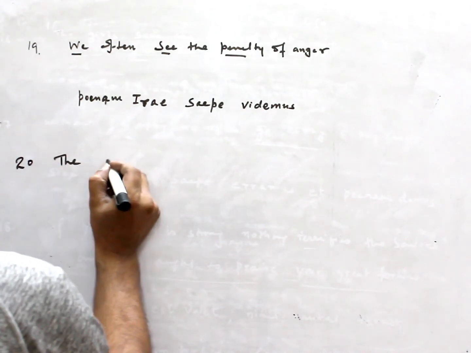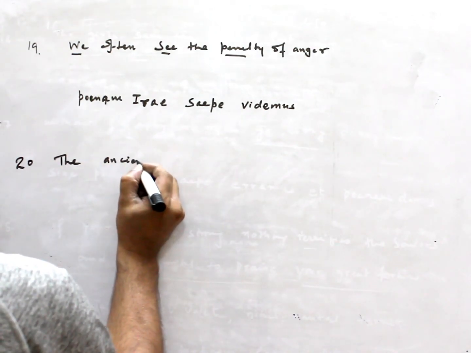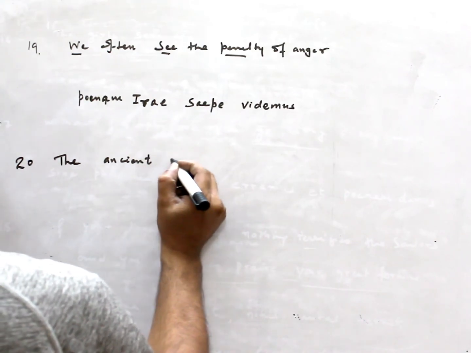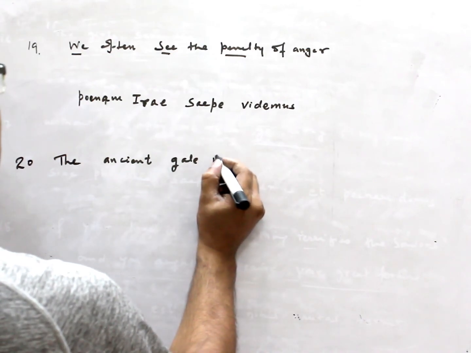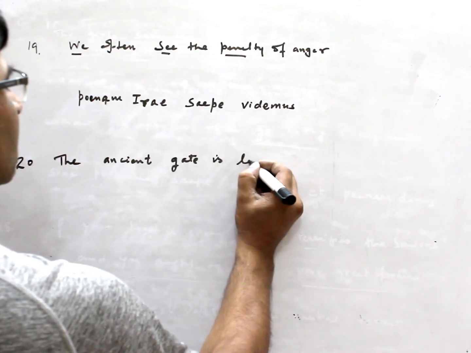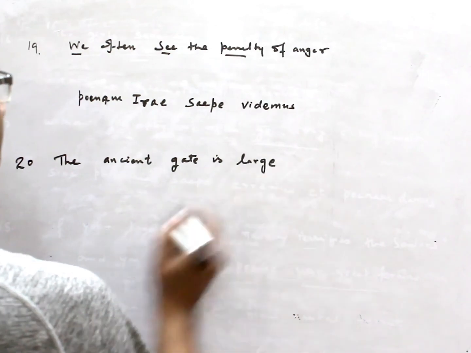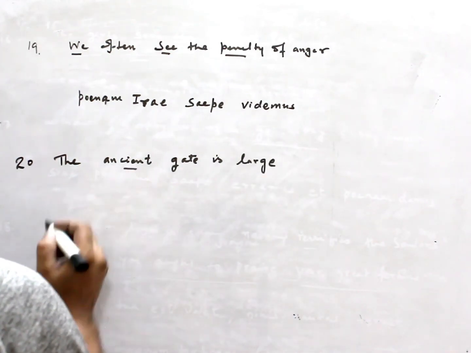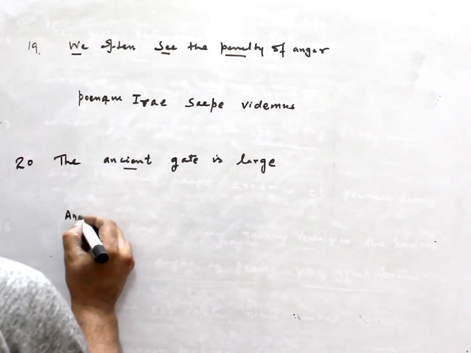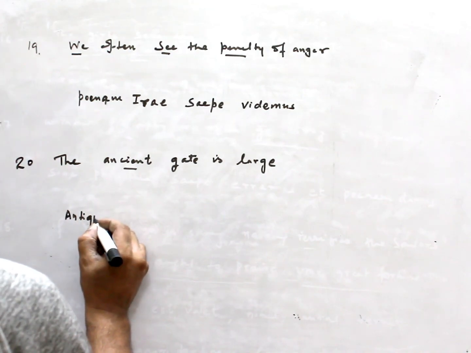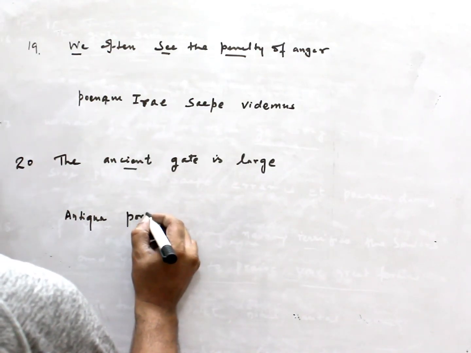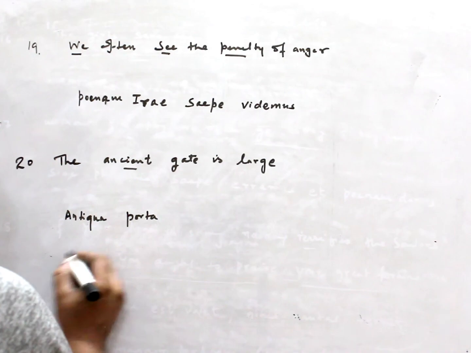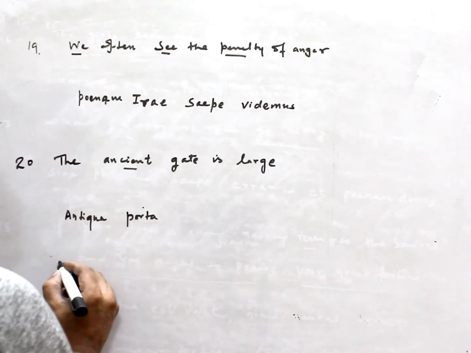The ancient gate is large. So this is subject. Antiqua porta, or we should write porta first.